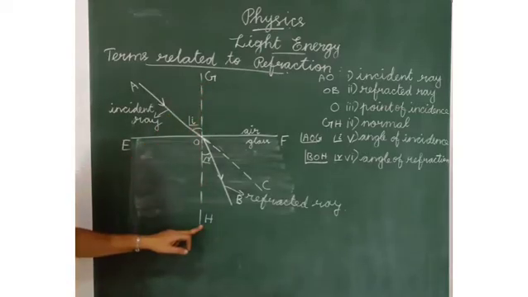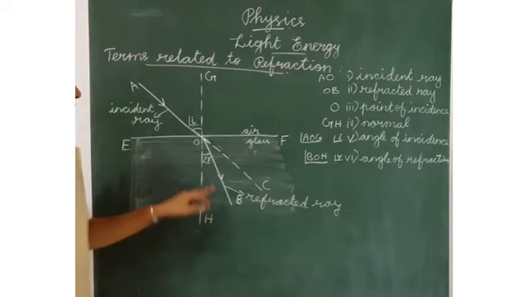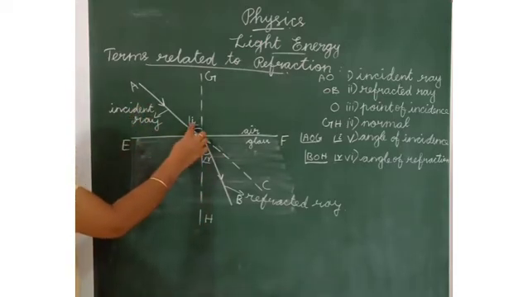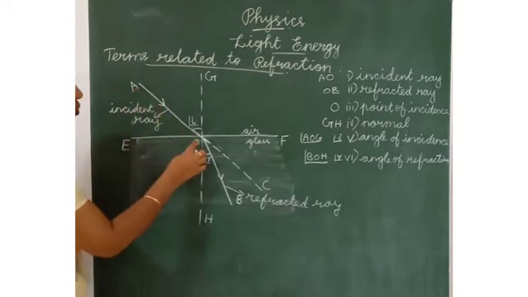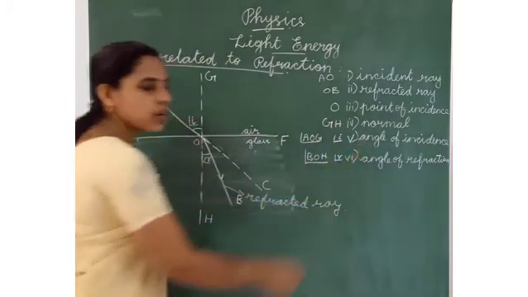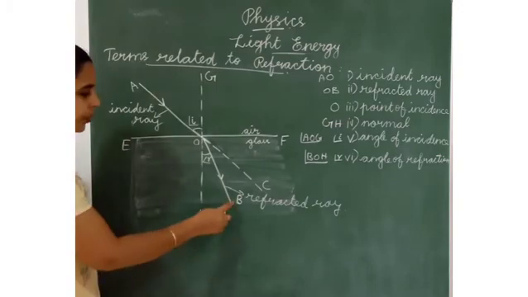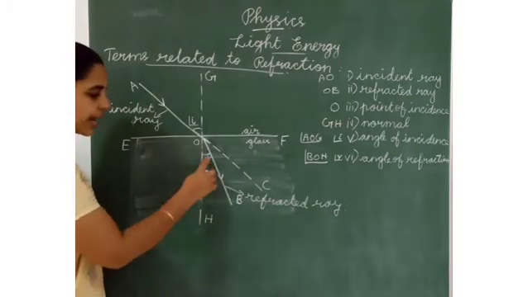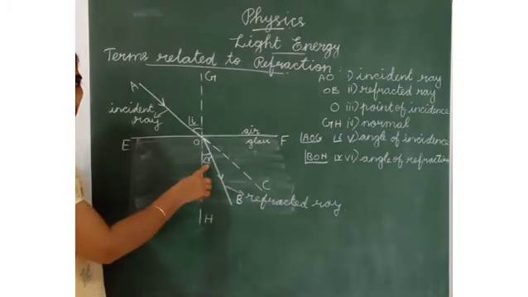Next, angle I or AOG is the angle of incidence. Next, BOH or angle R is the angle of refraction.